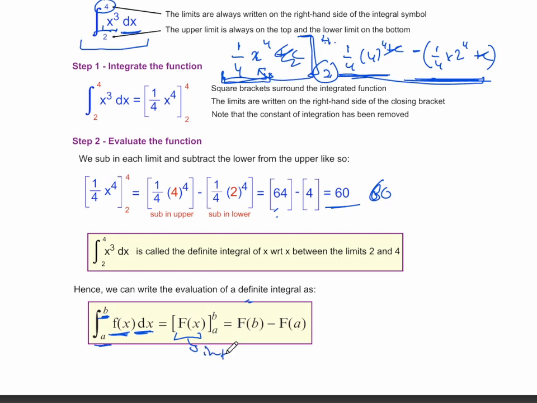So this is the integral of the normal function f of x with the limits of b and a, the upper limit b and lower limit a. And that will obviously equal to putting the upper limit into the integral function and subtracting by the integral function with the lower limit put into it. And that will be the evaluation of this integral right here.